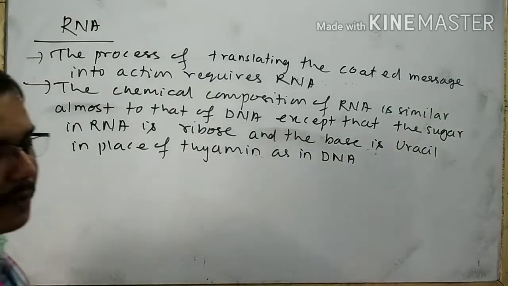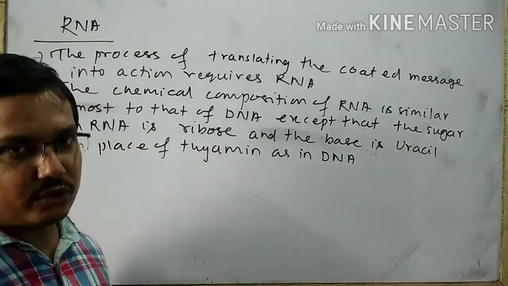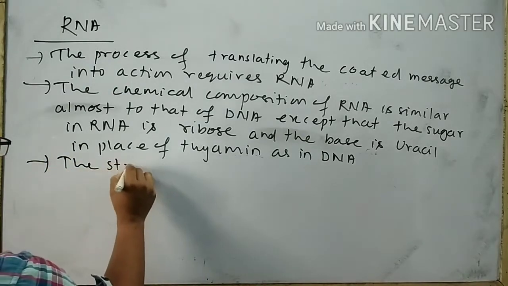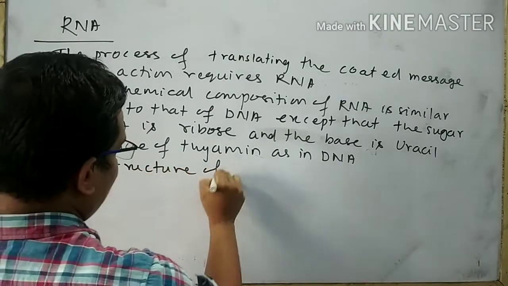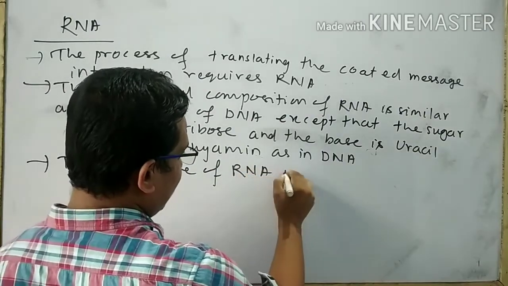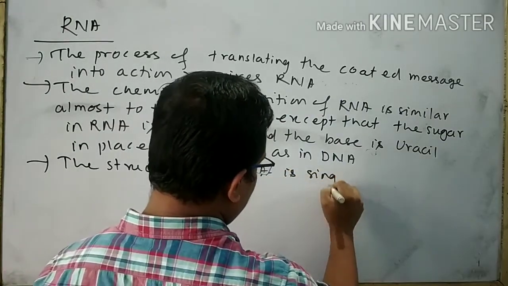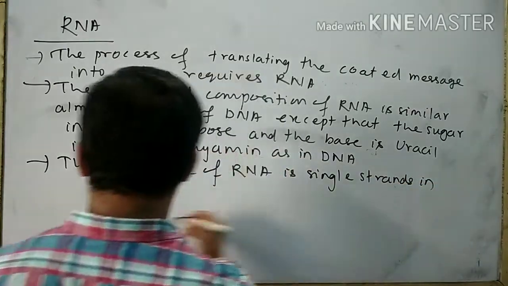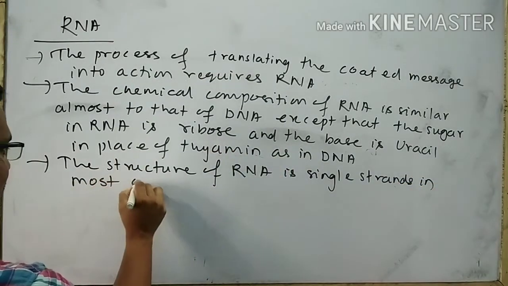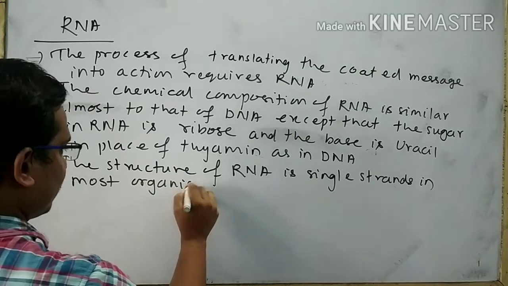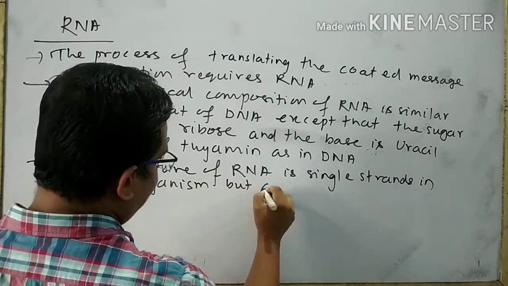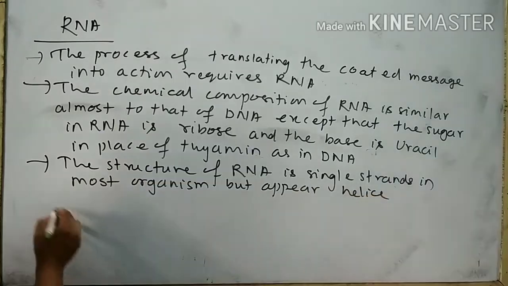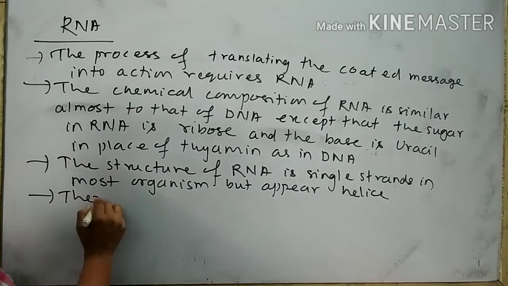The structure of RNA is single strand in most organisms. So we can write: the structure of RNA is single strand in most organisms, but appears helical.